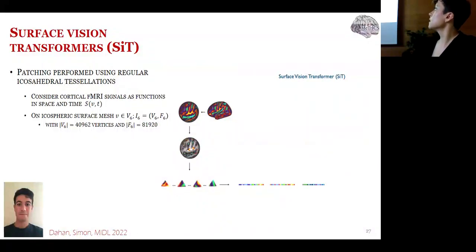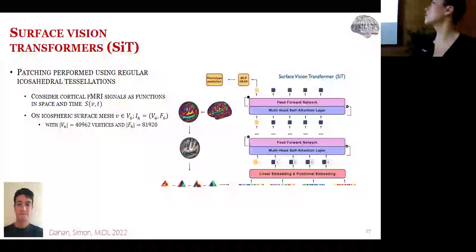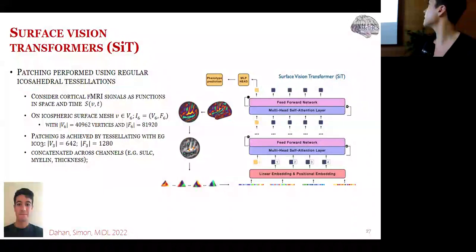So what Simon did was he took the cortical imaging data, projected it to a sphere, which we're already doing for image registration, patches it using a triangular tessellation from a regular icosphere, and then does exactly the same thing, flattens them with a positional embedding so that you impose a little bit more of an inductive bias, so you do know which patches are neighbors of each other, and then just pass it through these multi-head self-attention layers.